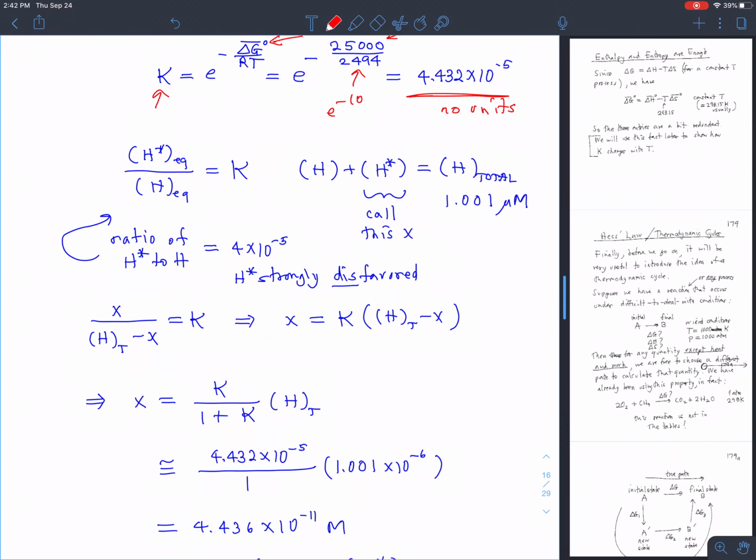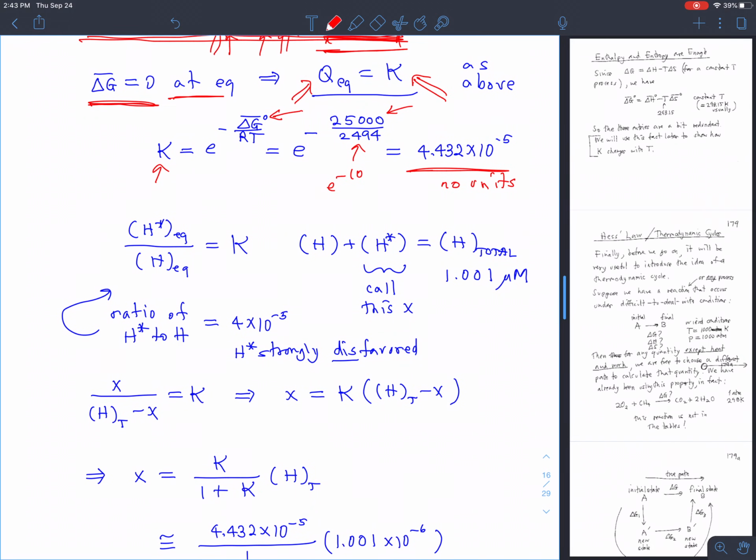At equilibrium, I should really have written here that this is the activity of closed hexokinase over the activity of open hexokinase. In this case, that's also equal to the molar concentration at equilibrium of closed hexokinase over the molar concentration of open hexokinase at equilibrium.